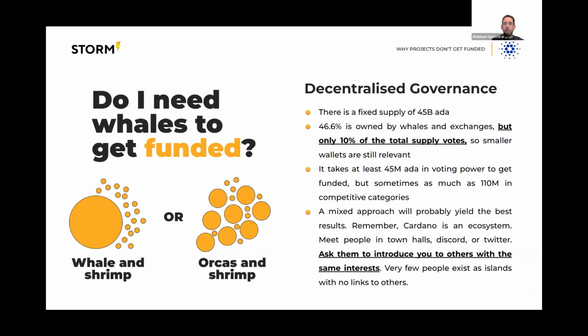So in terms of whether the small wallets are relevant, we can say yes, because you're dealing with a much smaller quantity of voting power, and many of those other voting blocks are non-active and non-registered, so the smaller votes are relevant. It does take at least 45 million in ADA of voting power to get funded.